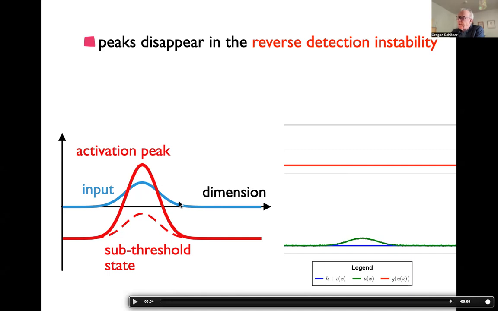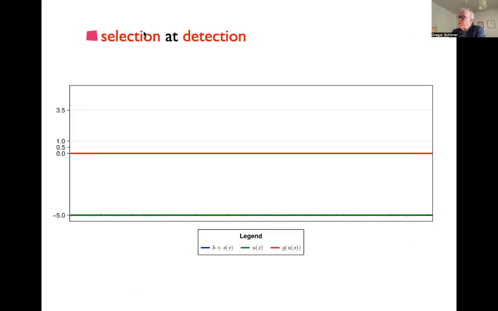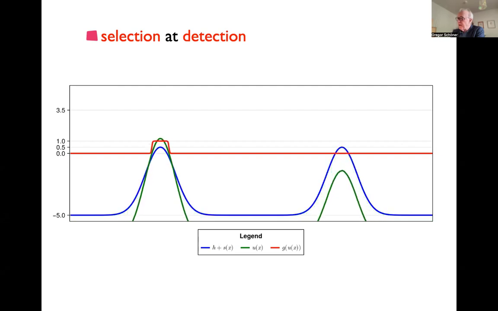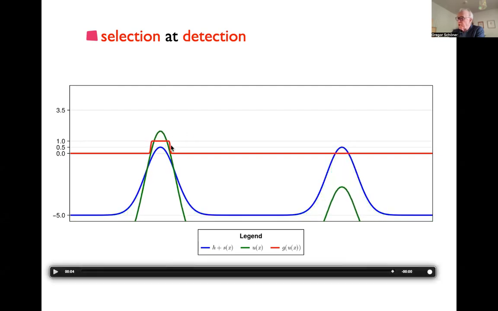So typically, we're looking at detection, of course, at the same time as selection. That is, there's not just one peak that could be formed, but multiple peaks. So here, for instance, you have two inputs, then one of them can generate the peak, and the other cannot. And you see the same input, the blue line, but the peak is actually suppressed here, and that's from the inhibitory interaction, right?